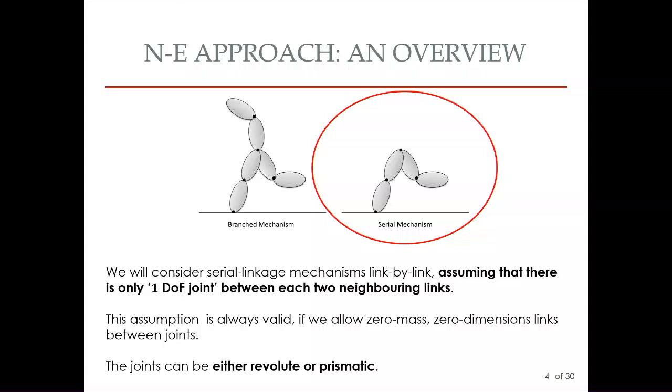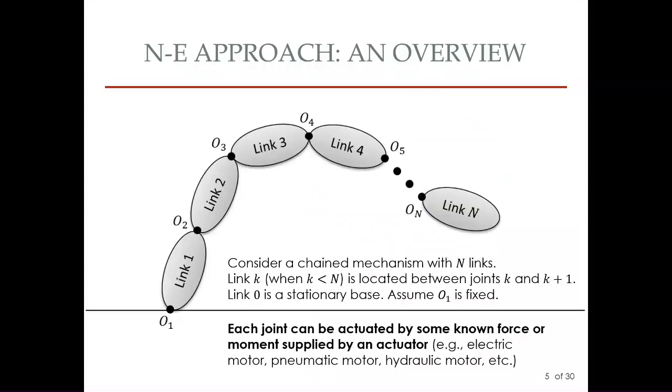And the final thing I want to say here, we imagine a fixed ground and point. So if I name the joints O1, O2, O3, and so on, this first joint O1 could be either revolute or prismatic. Point O1 itself is fixed on the ground.